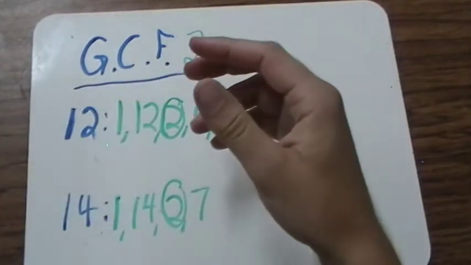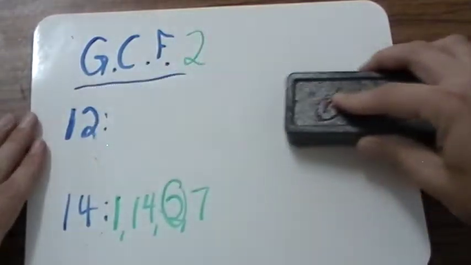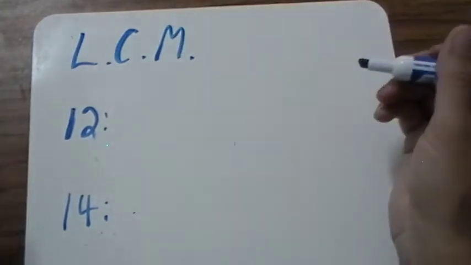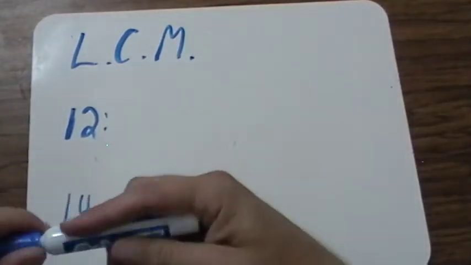Well, let's stick with that same numbers, 12 and 14. But now let's review another idea we talked about way back in the winter, which is LCM, least common multiple. Okay?